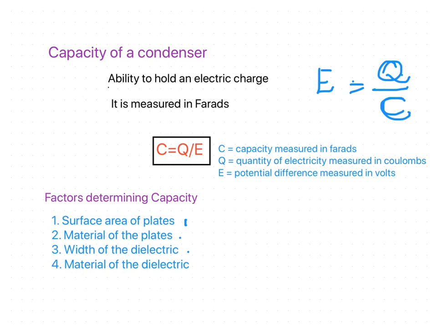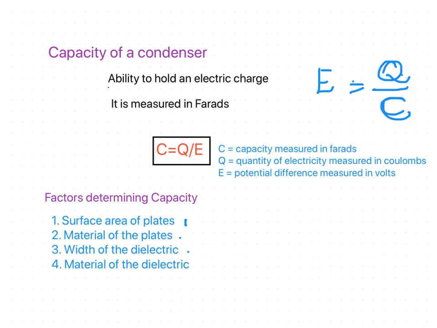As with a single conductor, a large surface area of plates results in large capacity. Some materials hold the electric charge more readily than others, and if the plates are of such a material, the condenser has a large capacity.